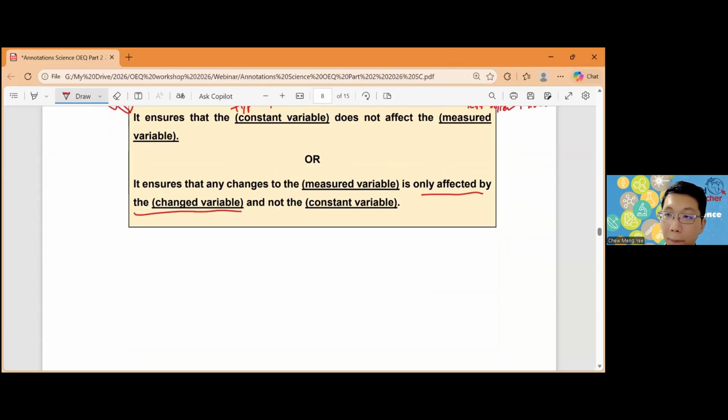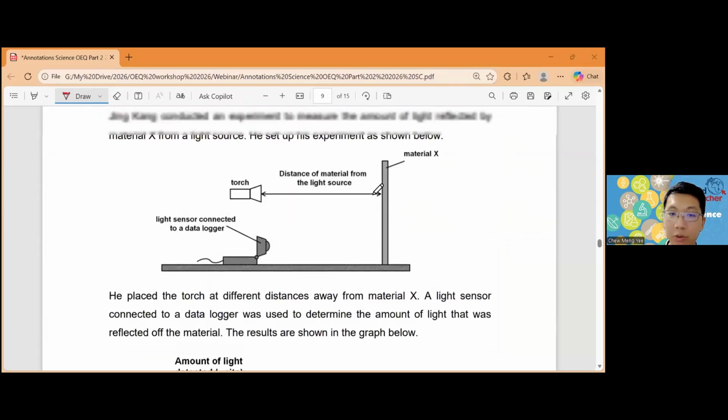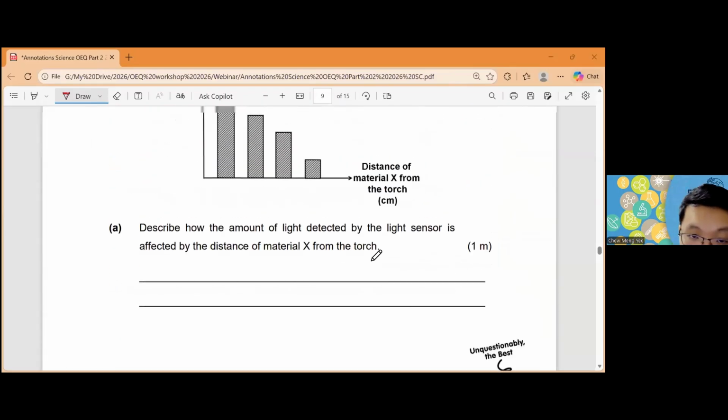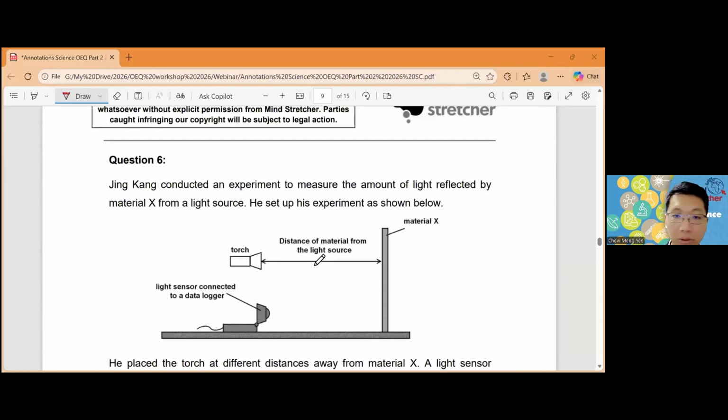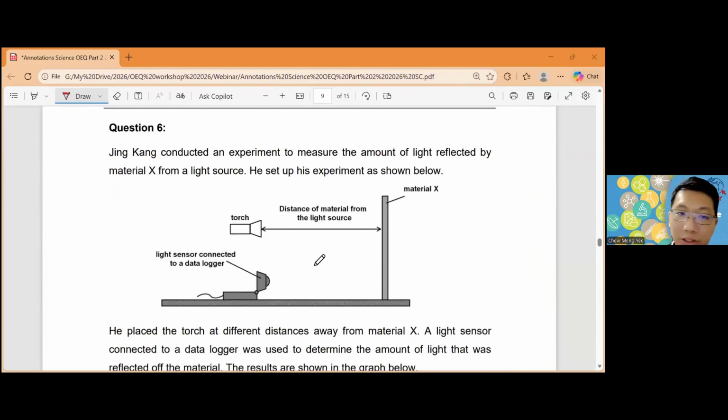Right. So let's look at this question and try to answer some of these questions. Some of them are relationship questions as well. Now we have this question on reflection of the light. The light from the torch reached the material X, then is reflected and recorded by the light sensor.